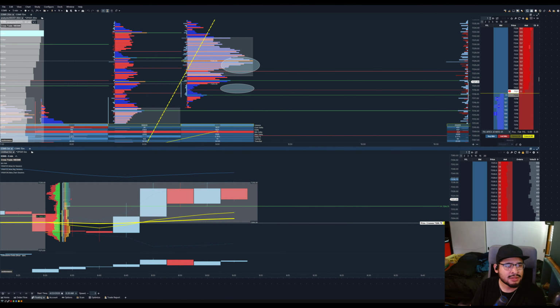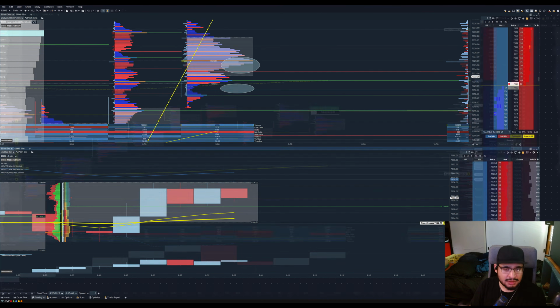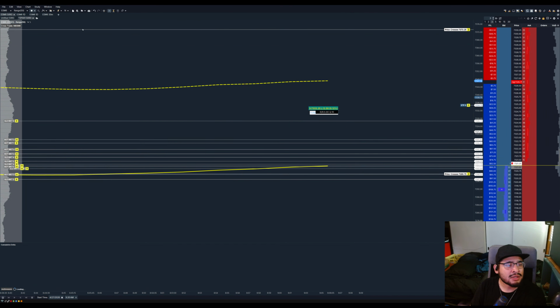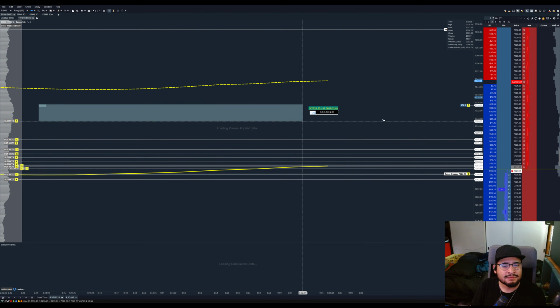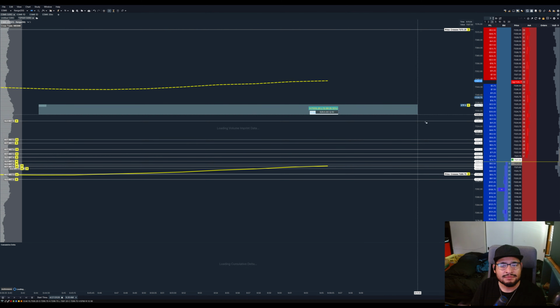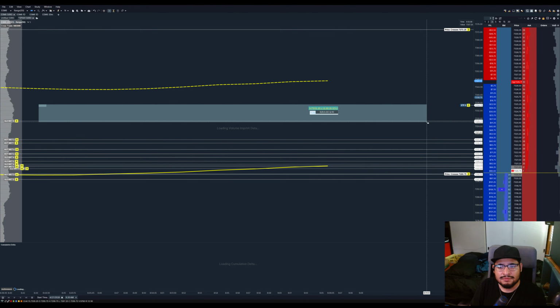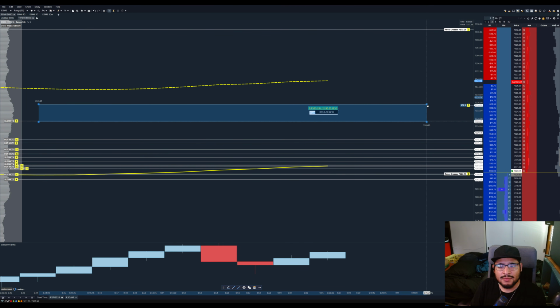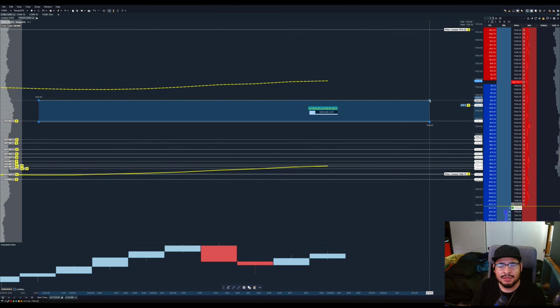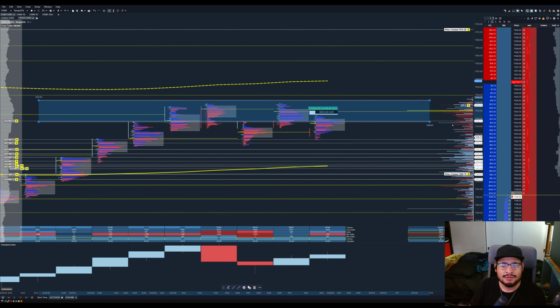Does that capture it? I'm on this chart right now. 6 to like 37. Template.